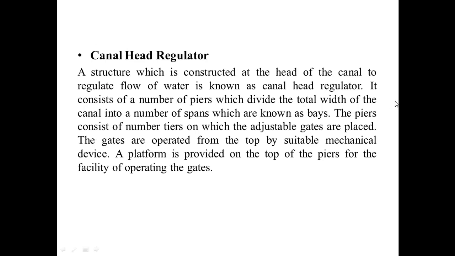The canal head regulator consists of a number of piers which are provided to divide the total width into a number of spans, and these spans are known as bays. The piers carry adjustable gates placed on them.